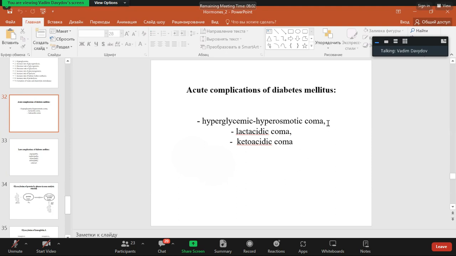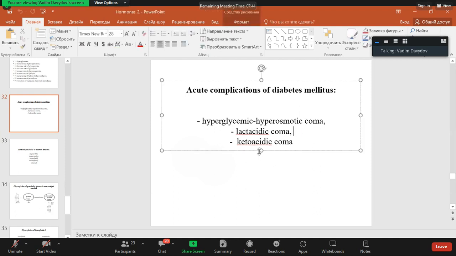Hyperglycemic, hyperosmotic coma is coupled with accumulation of glucose in the blood, resulting from increased osmotic pressure of the blood.